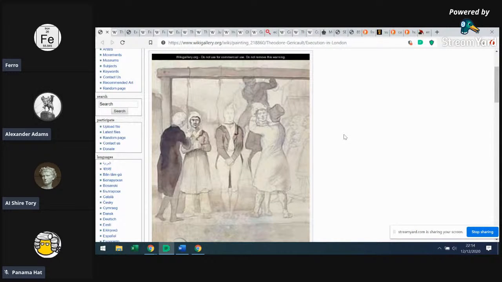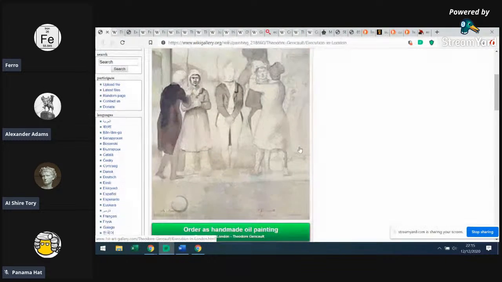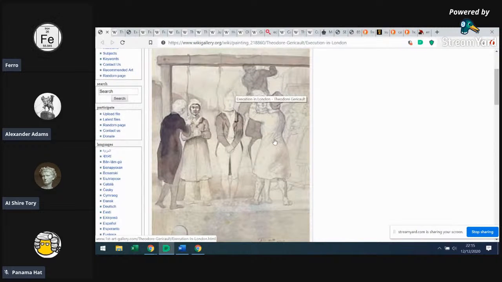And here we see him depicting a hanging at Tyburn, I think, in London. And obviously he's got a slightly negative take on it. Yeah, there's almost like a ghostly nature. Again, I don't know if it's not finished. The picture's quality is not that great, but there's almost a ghostly nature. Is it the guy with this kind of? Yeah, but I think he's got a hood on his head.